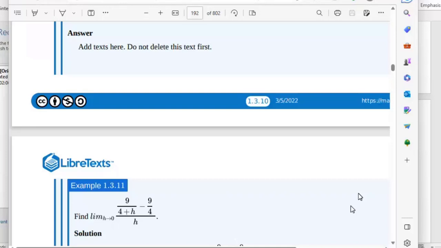And then when h approaches 0 from the right, I said 1 over 36 plus 2, where I substituted 2, and I got a positive number, which is 1 over 38. So when h approaches 0 from the left I got a positive number, and when h approaches 0 from the right I got a positive number, so I concluded that it is positive infinity.